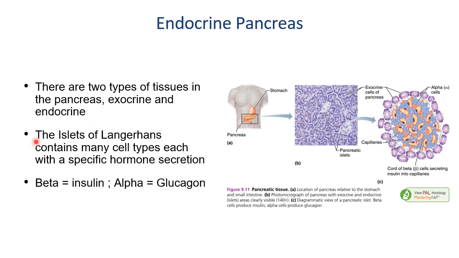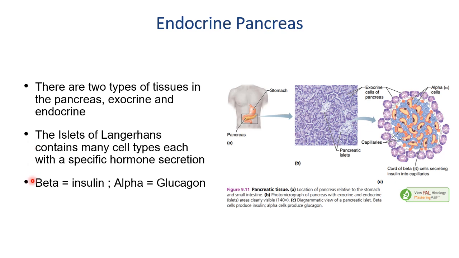The islets of Langerhans are the tissues that subserve the endocrine function of the pancreas. They contain many cell types which release particular hormones.